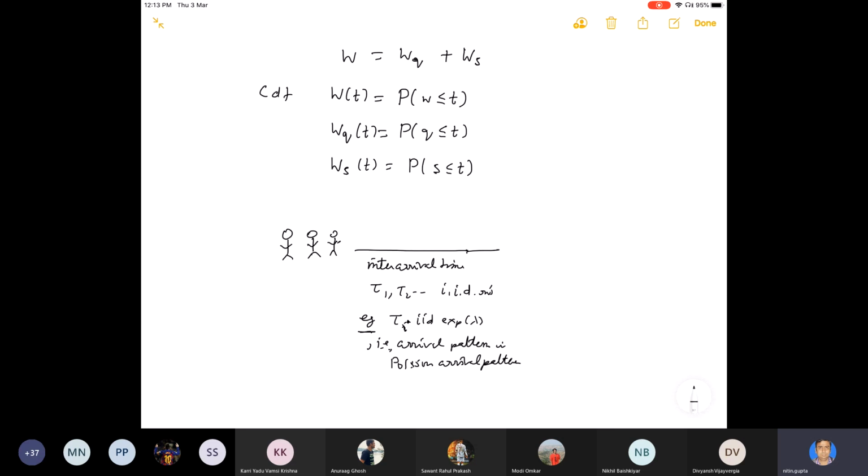After that, they come to server 1, then server 2, and so on. Some servers are there, server N, let us say. Then they go to the servers.